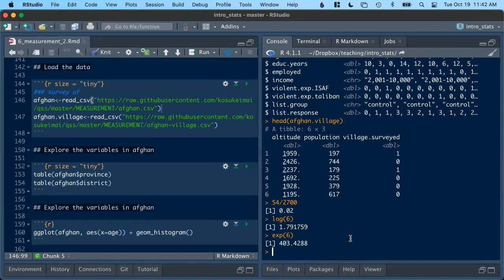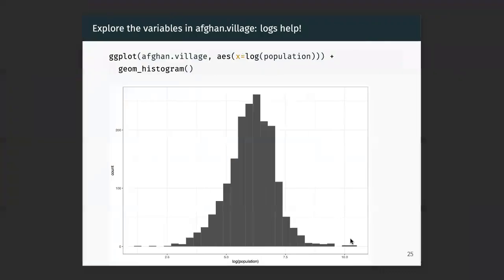To invert the logarithm of population, we just exponentiate it. So we take e to the power 6 and we get 403. So what this is showing us is that the peak, the modal category, is 403, right? Or the median of the log is 403. The median of the population is about 403. Median of the log is 6, sorry. Okay, anyway.